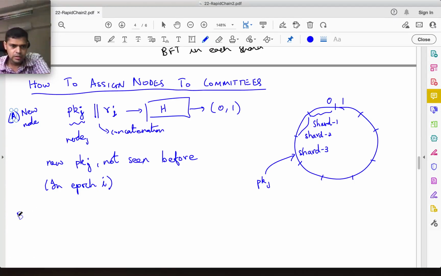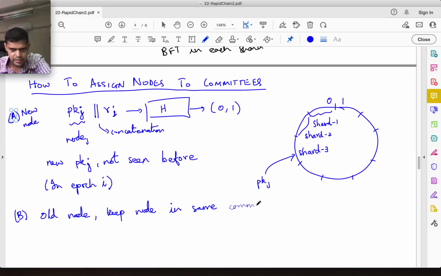What if it is an old node? We just keep the same node in the same committee. For example, in epoch I, this pkj was assigned to shard 3.